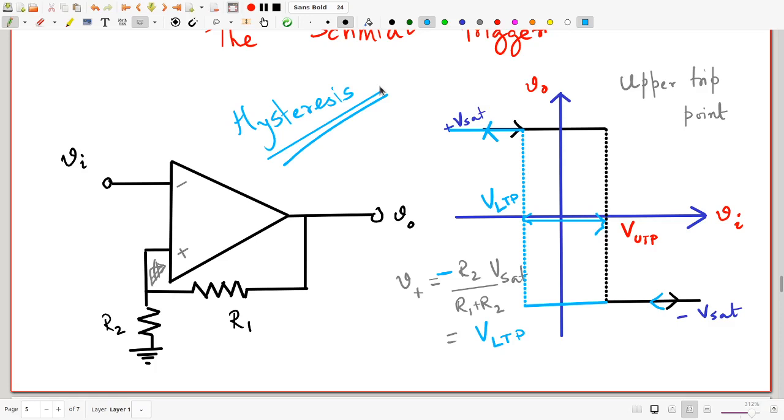So the Schmitt trigger is a very interesting circuit because its output depends on the history of the input and not just on the current value of the input. So you don't really have an input-output graph here. You can only draw graphs for functions where a given value of Vi will only produce a fixed value of Vo. Here, Vo can take different values for the same value of Vi.